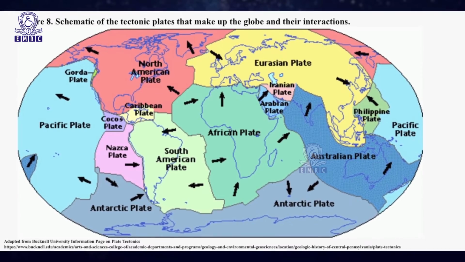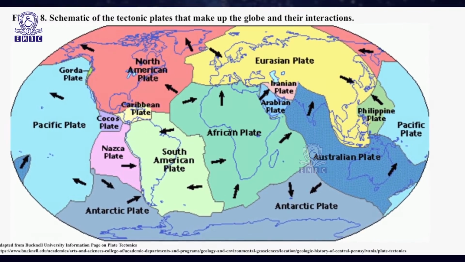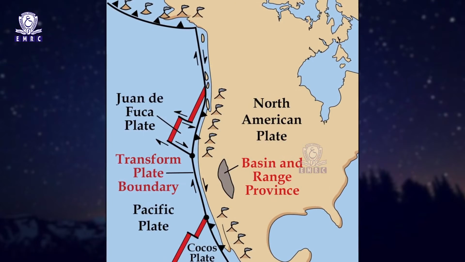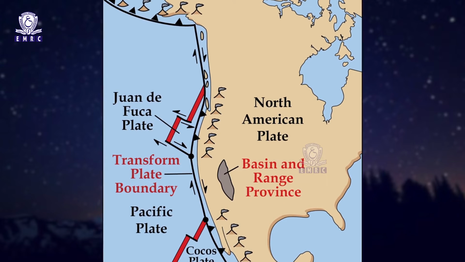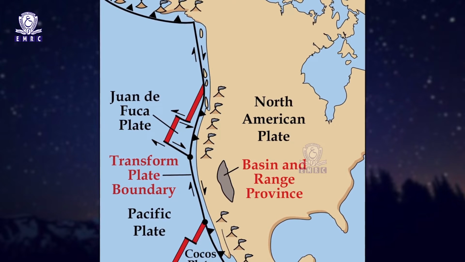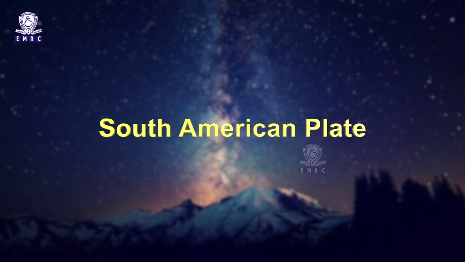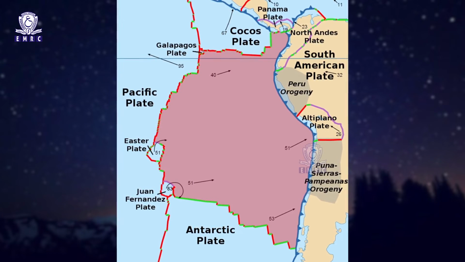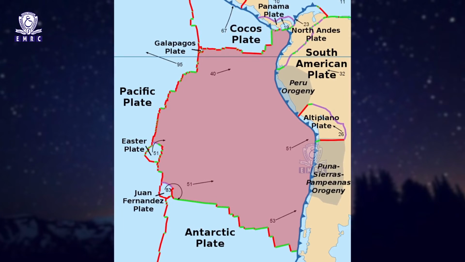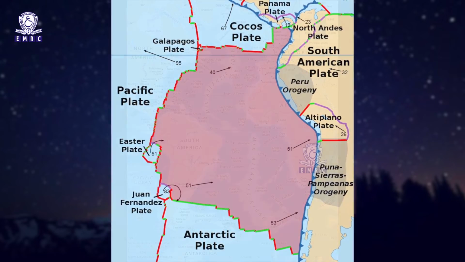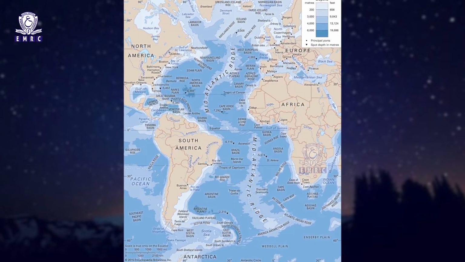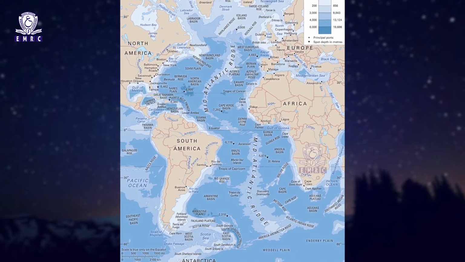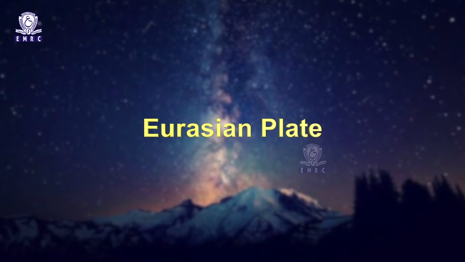This plate is partly continental and partly oceanic. This plate includes North America and the Western Atlantic floor. South American plate. This plate also is partly made up of continental and oceanic crust. It covers South America and the Western Atlantic floor. Eurasian plate.